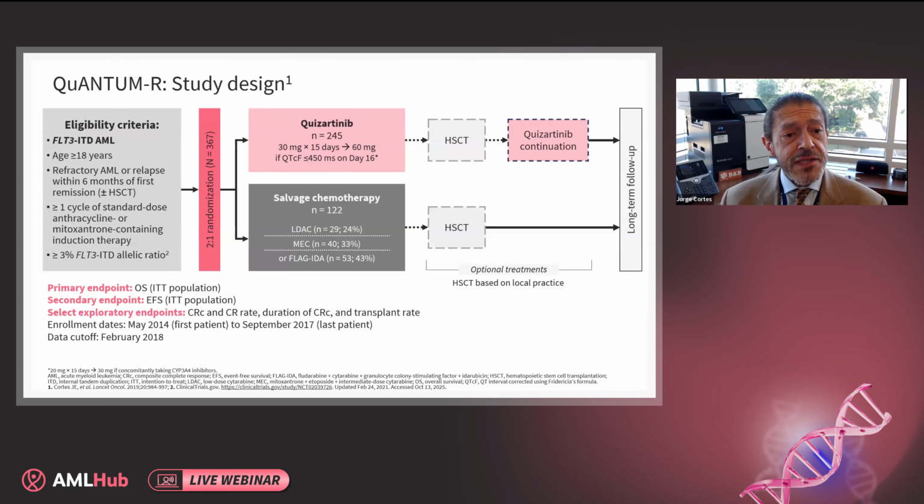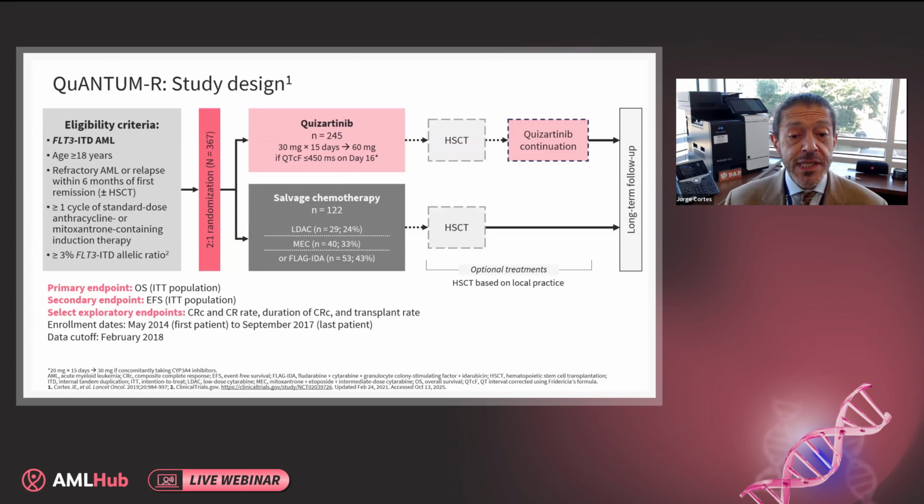Because of the efficacy in that study, that led to the design of this study that was a randomized trial called the QuANTUM-R of patients that had received prior therapy. They should have received at least one cycle of an anthracycline-containing regimen, so essentially 3+7.